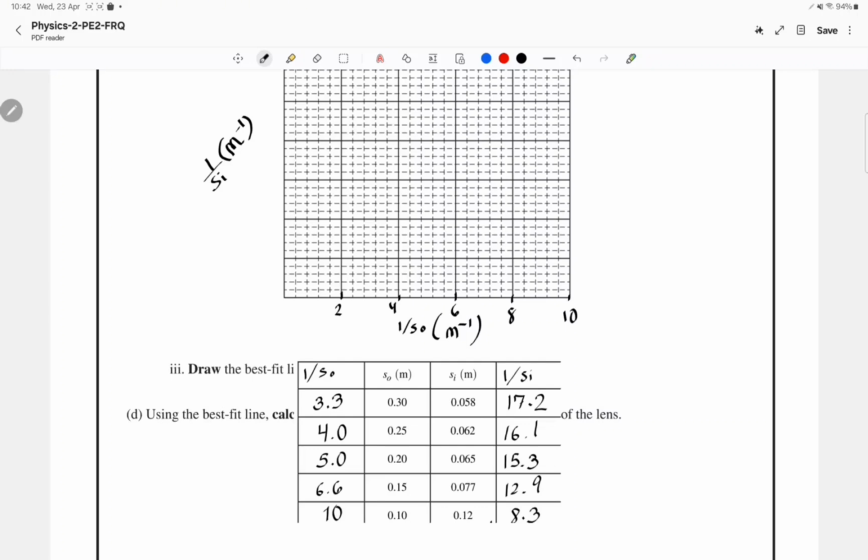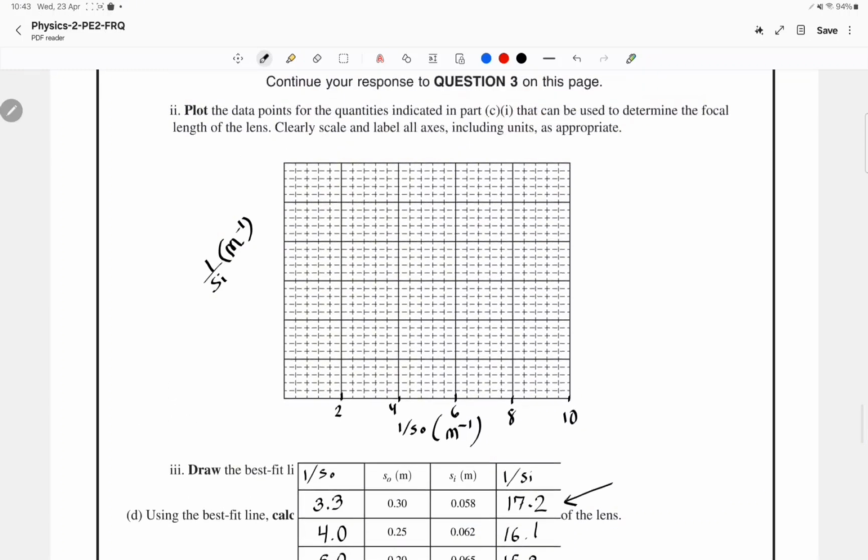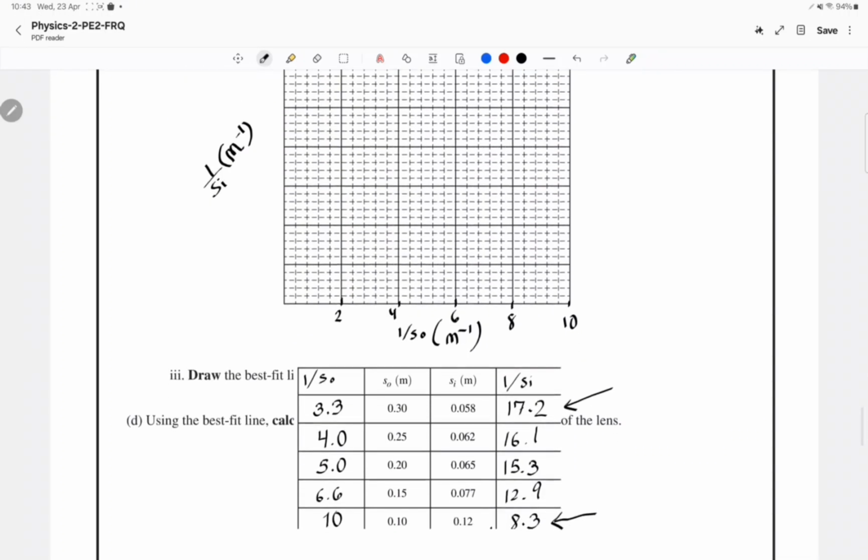Okay. And the same for the y-axis. Starting at least number is 8.3, most number is 17.2. So now I think I made a mistake in the calculation. No, I'm fine, right? Yeah, my math is right.